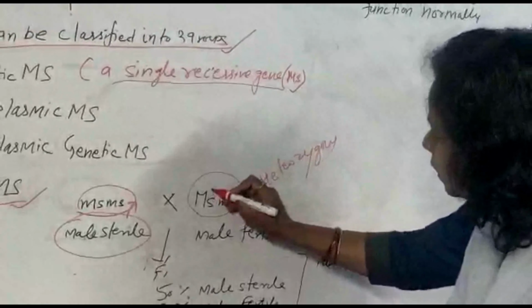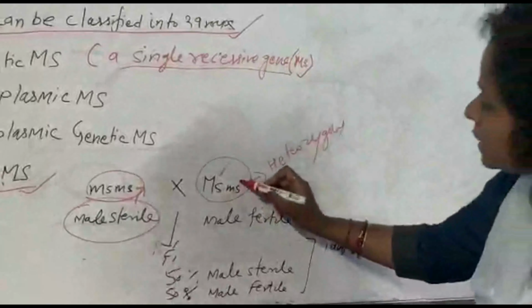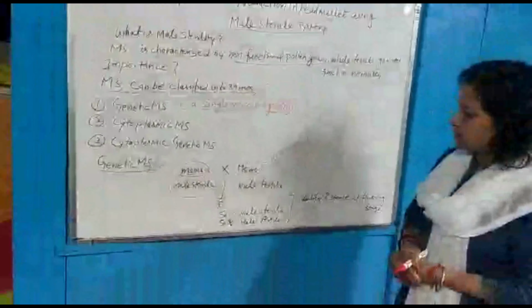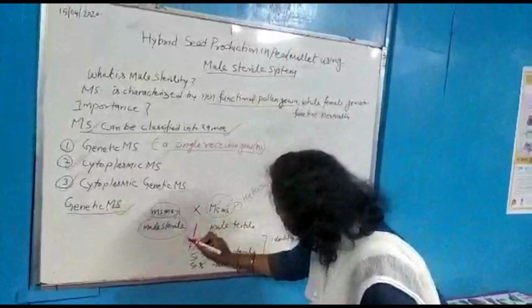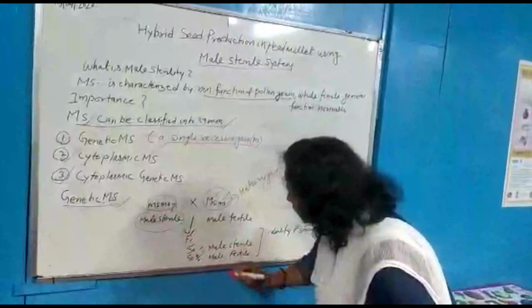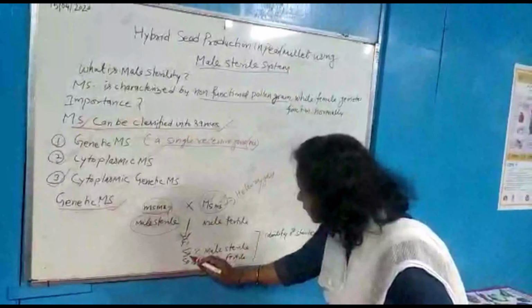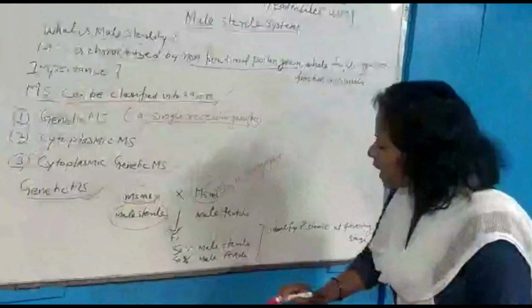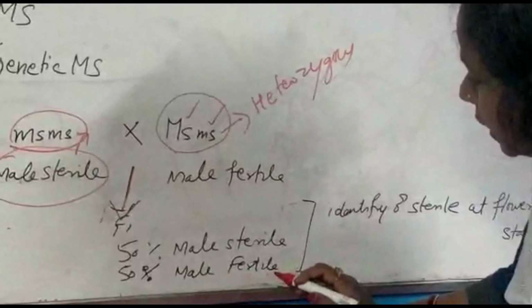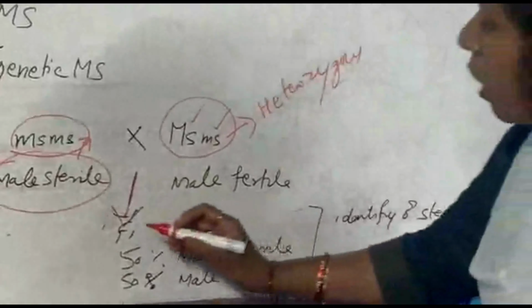It has one dominant allele and one recessive allele. When we cross these two parents, in the F1 generation we get 50% male sterile and 50% male fertile plants.